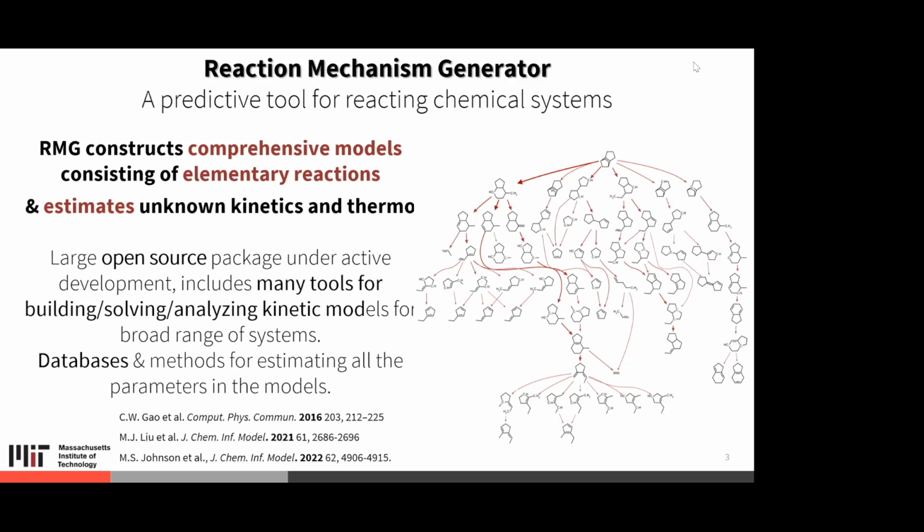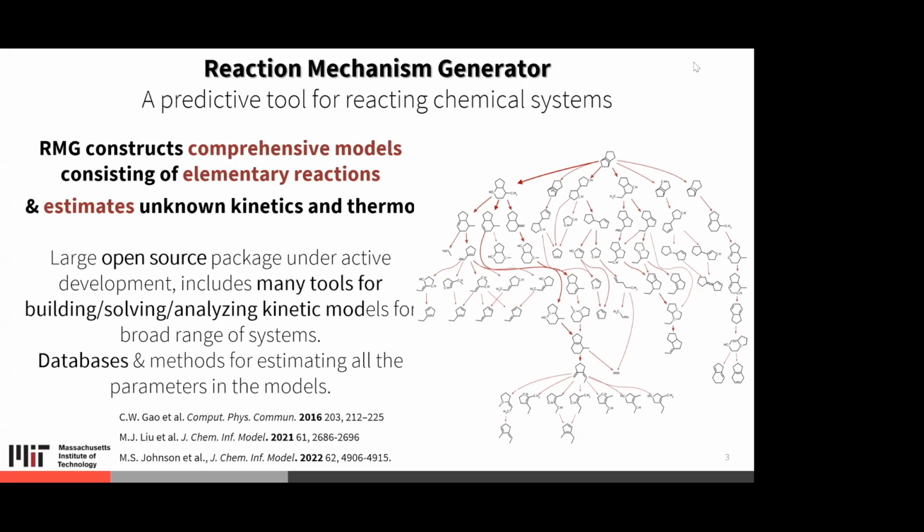It's an open source package. That means that you and anyone is welcome to make contributions, to fix bugs, to help extend the features, and very importantly, to expand the data set. So the reason why RMG is really good for pyrolysis and combustion is because a lot of people have used it for pyrolysis and combustion, and they added a lot of chemistry that's relevant to pyrolysis and combustion.